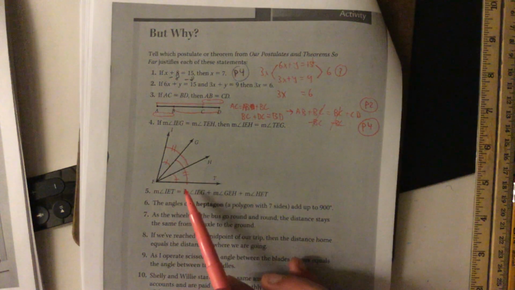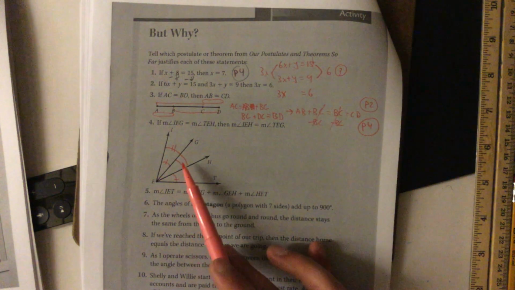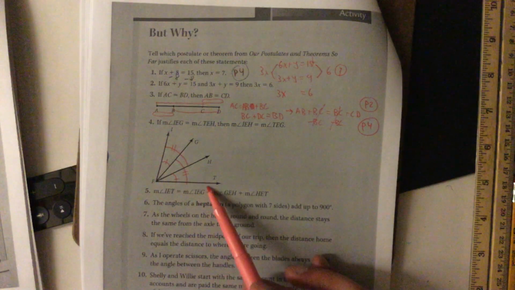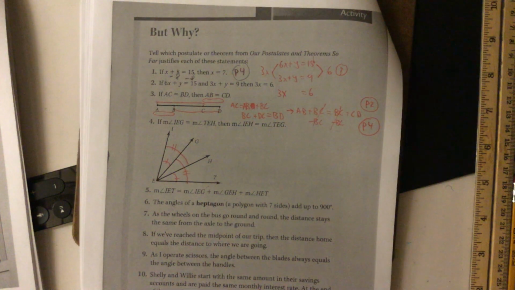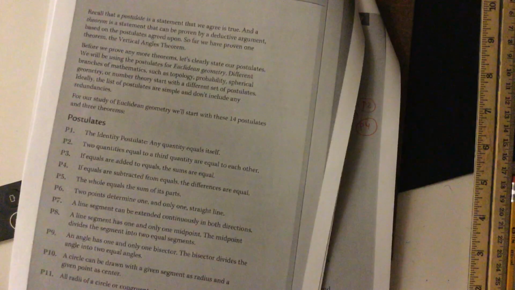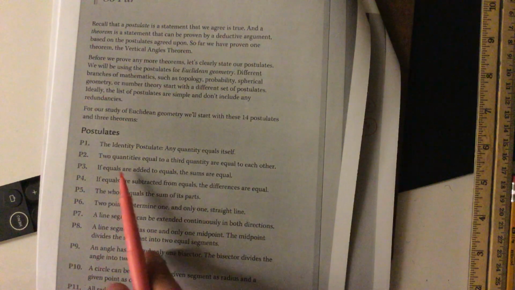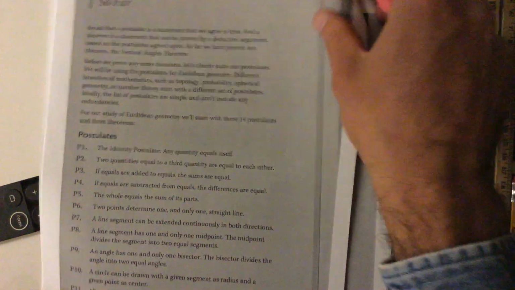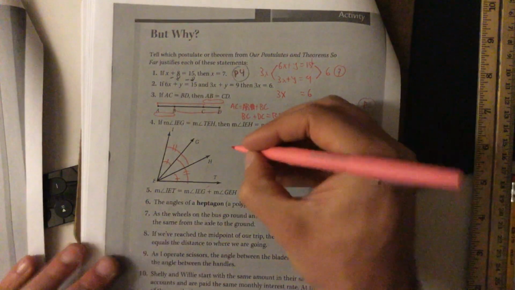That's true because if you have two things that are equal and you add an equal thing to both, then the sums are equal. And that's P3, I believe. Let's take a look at it once this thing focuses. Yeah, P3 says if equals are added to equals, the sums are equal. Great, so we know that's true by P3.